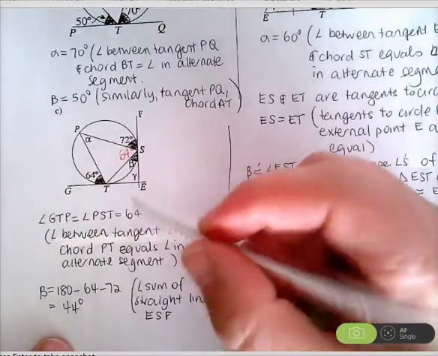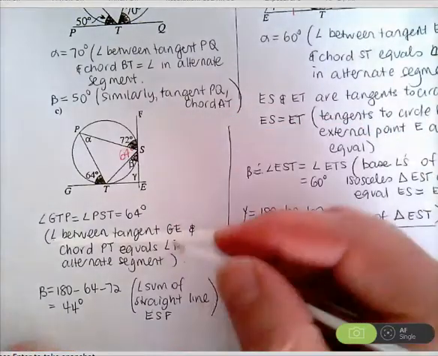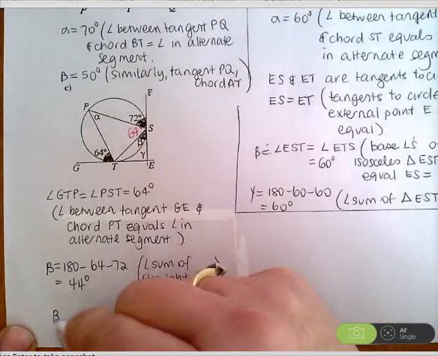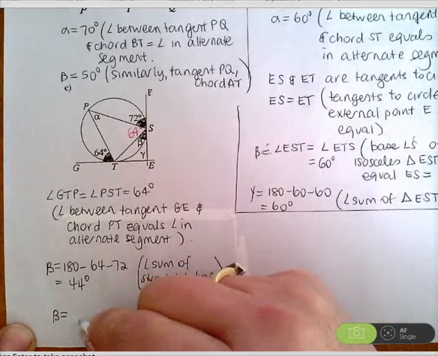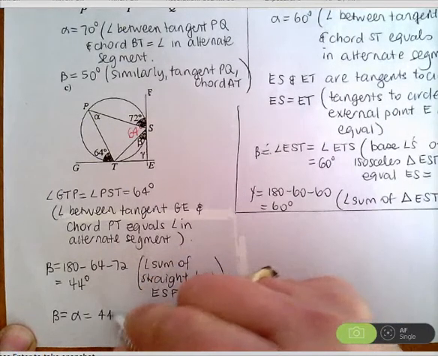Okay, so we've worked out that 64 there, and we've worked out beta. Now we also know that beta is equal to alpha, which equals 44 degrees.